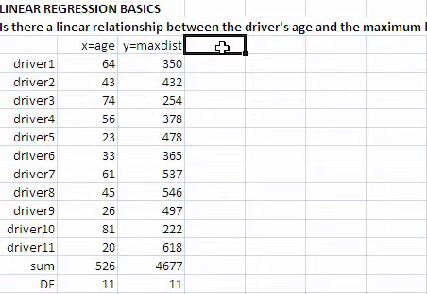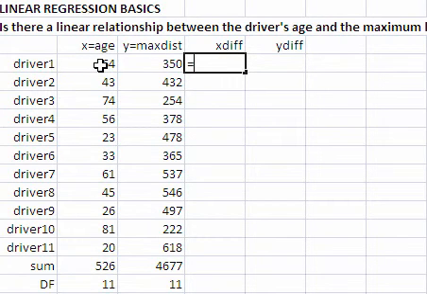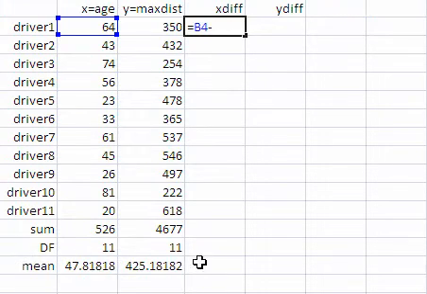We'll call that the difference, the x difference and the y difference. The x difference equals the x observation minus the mean x observation, anchored with the row anchored so that we may copy these things down without moving the reference cell down.